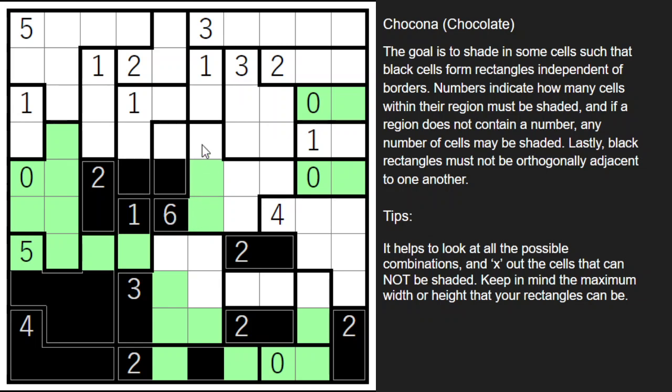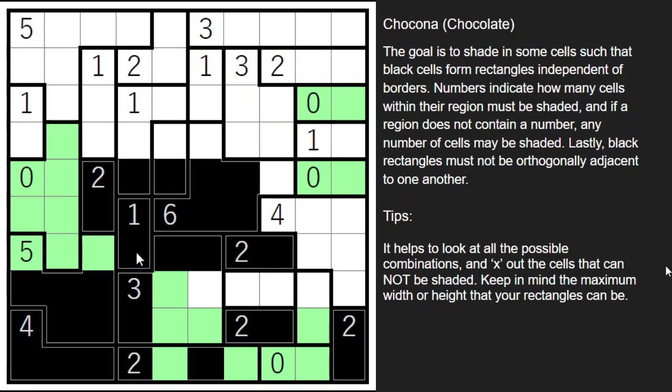Now we have 1, 2, 3, 4, 5 cells at most that could be shaded, which again is not going to work. We say, well, what if we extend it even further and then we cut it off there? Again, that's not going to work. And you can't extend it any further than that, because this rectangle cannot connect with this rectangle, because you can see these unshaded cells have cut down the size so that it can't be like that.